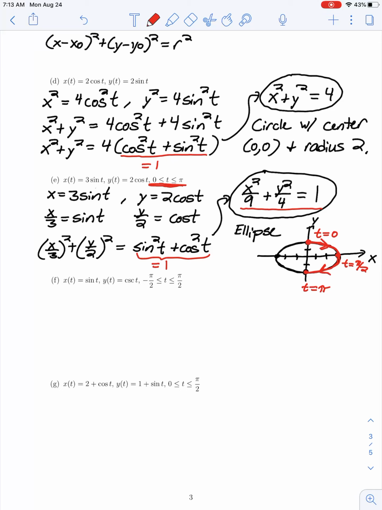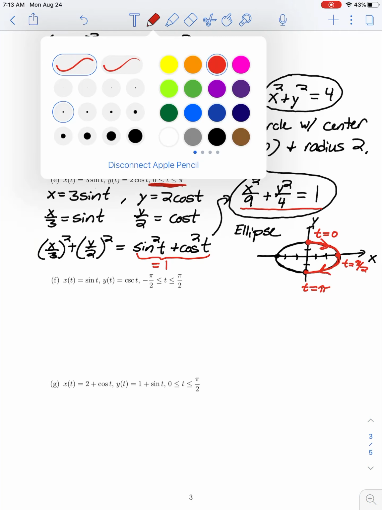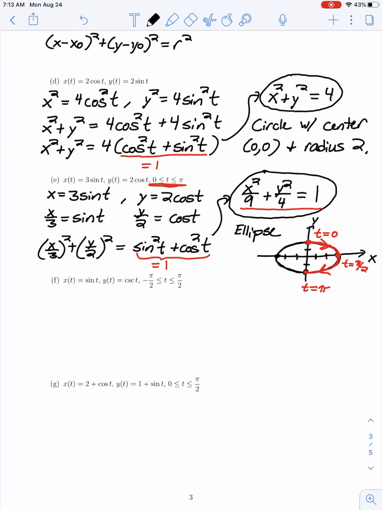But we know the relationship between the sine function and the cosecant function. So here we have x is equal to sine of t. Y is cosecant, which is defined as 1 over sine of t. So y is given by 1 over x.